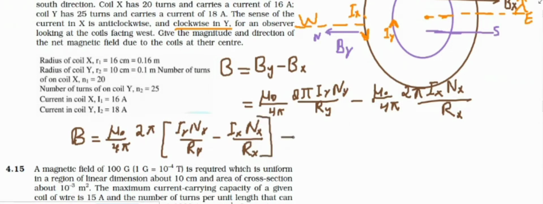Substitute the values in SI unit, you get the value of net magnetic field, and the net magnetic field is towards west.